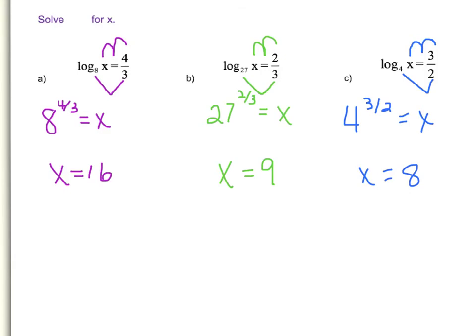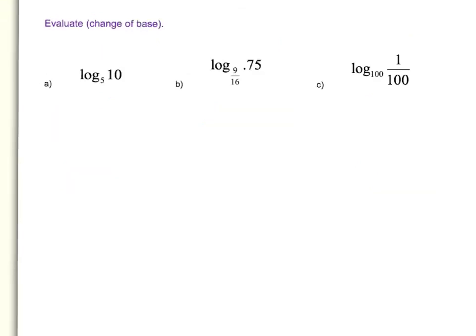Now let's move on to our last set of examples. In these examples, we are going to evaluate these log expressions. If you are using the TI calculator for this, TI calculators operate using a base of 10.